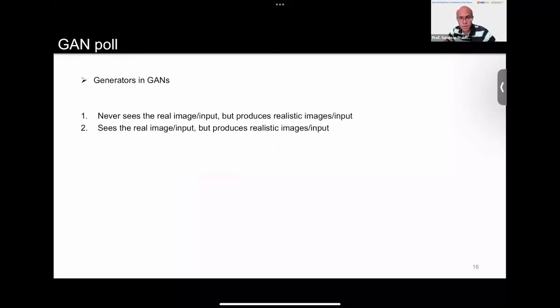Let's take a poll at this point to self-reflect about what GANs does.